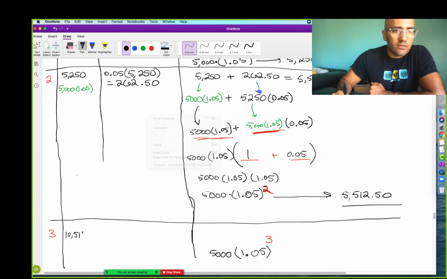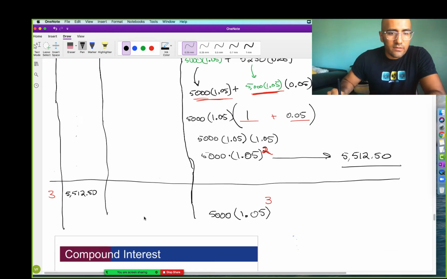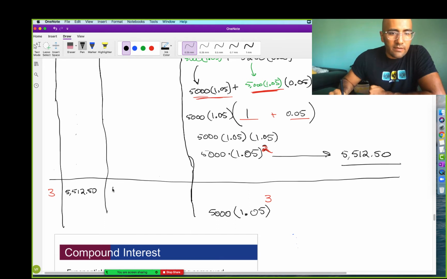Good, okay, so the starting balance at the end of the third year is $5,512.50. And I know you're going to earn some interest, and that interest is going to be 0.05 times $5,512.50.